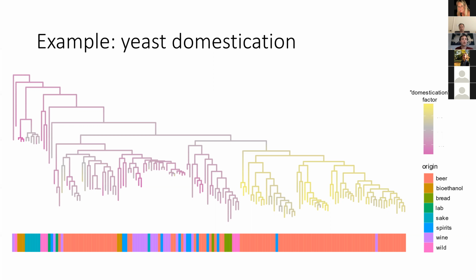And so when we map that factor onto the phylogeny, we see a very, very clear pattern with that kind of yellow clade on the right, showing a high domestication signal, and the rest of the phylogeny showing a relatively low domestication signal. And this right clade, that domesticated clade, that's mostly American and British ale yeasts, whereas the rest of it corresponds to all sorts of applications.